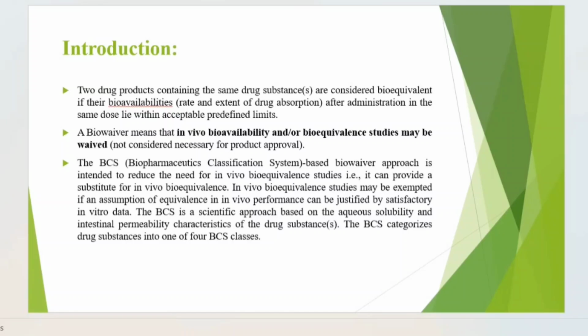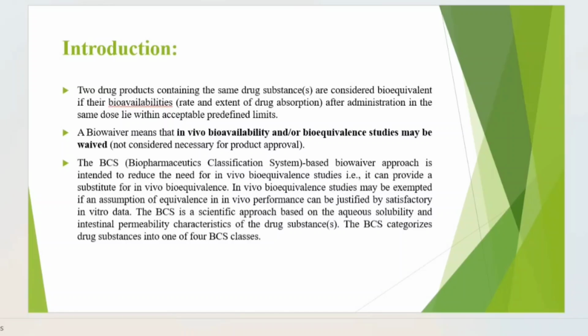Biowaiver. अभी biowaiver means, suppose I will go through the first classification, BCS classification, then I will explain you what is meant by biowaiver. The BCS classification based biowaiver approach is intended to reduce the need for in vivo bioequivalence studies.